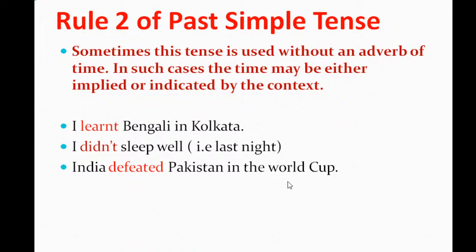All these words we have already discussed when discussing the present perfect tense. But here also, in past tense, did not becomes didn't. We do not pronounce it with the extra D; that is a wrong pronunciation. I didn't sleep well. एक D को हटा देना है आपको pronunciation right करने के लिए.